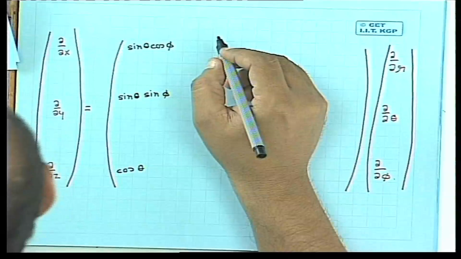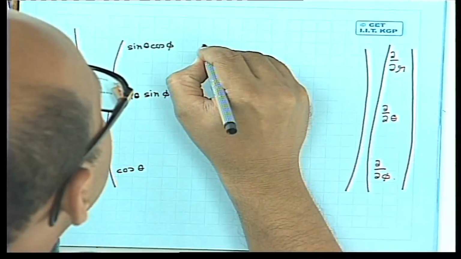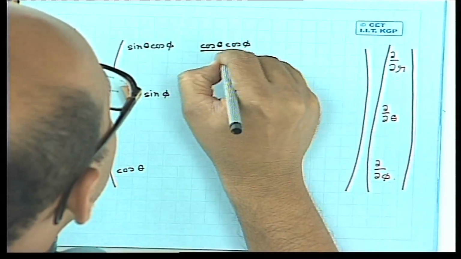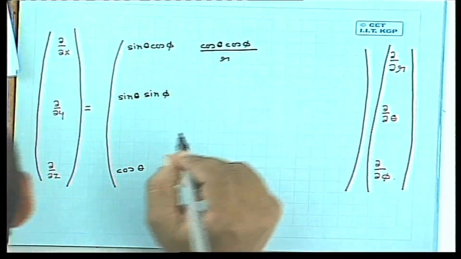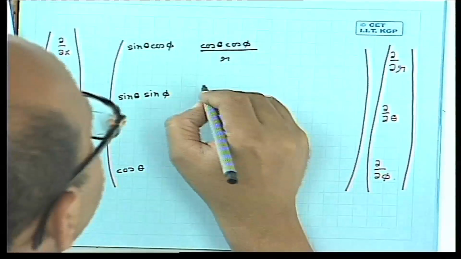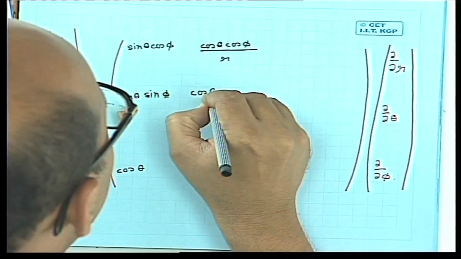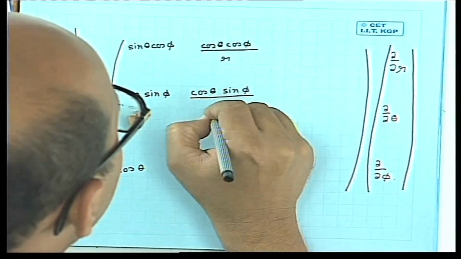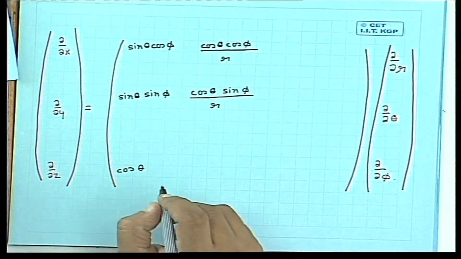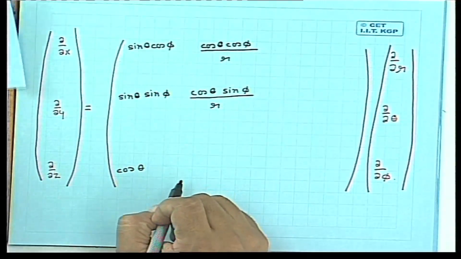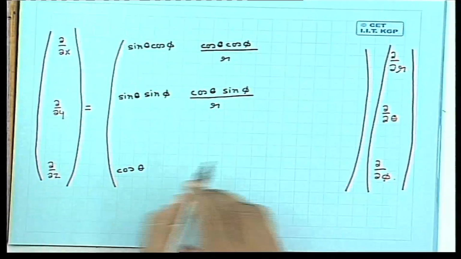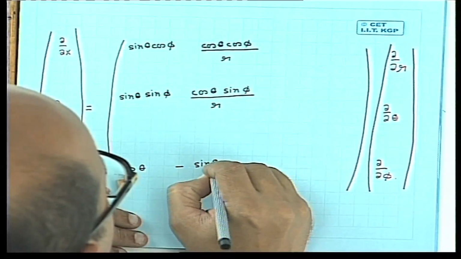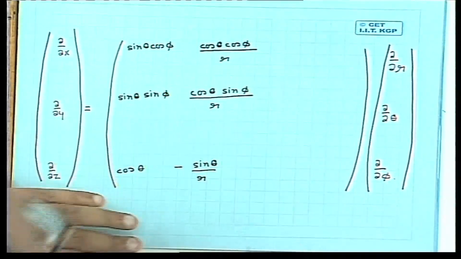It is cos theta cos phi by r, and this is cos theta sin phi by r, and the third term is minus sin theta by r.